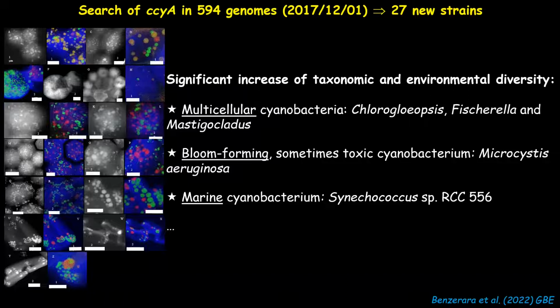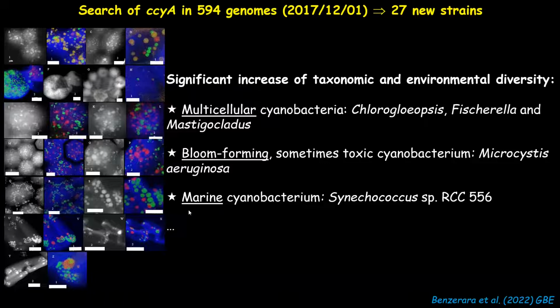We also found some in cyanobacteria which have received a lot of attention, in this genus called Microcystis. This is a sometimes toxic cyanobacterium, which is blooming in some aqueous environments. And I'll get back to that, but that was pretty interesting.